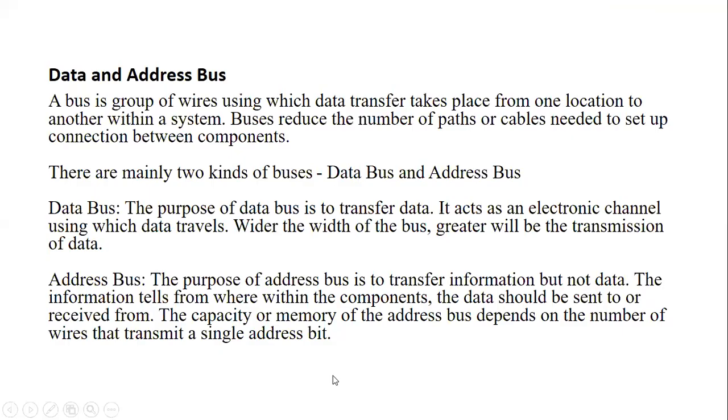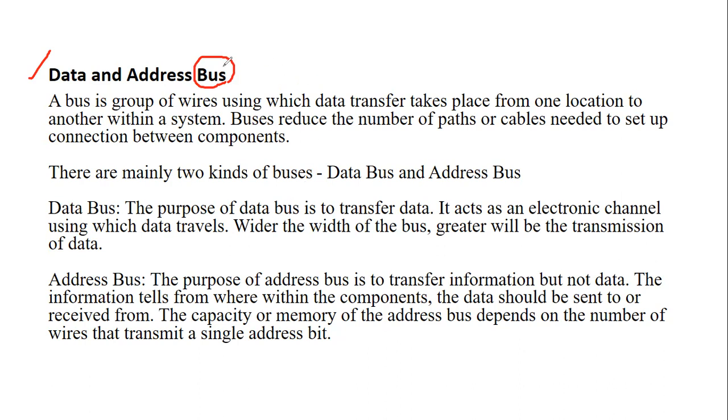Now next, what are the data and address buses? Before going into detail of data and address bus, first you should know what a bus is. A bus is a group of wires through which data is transferred.